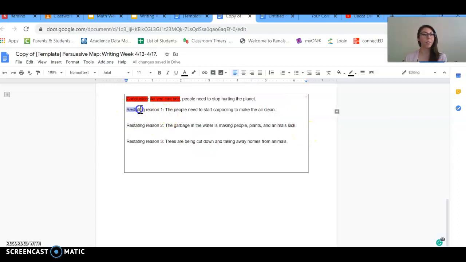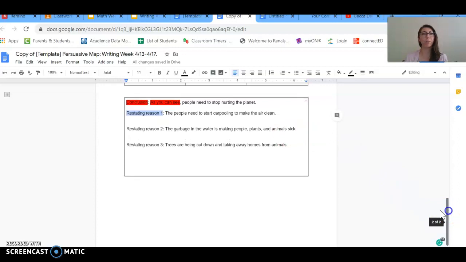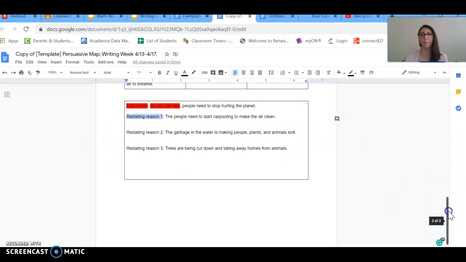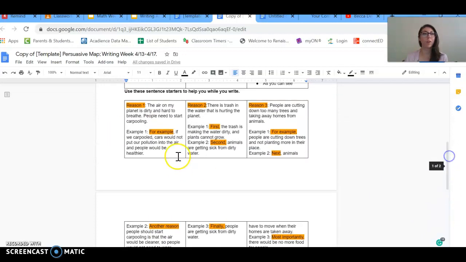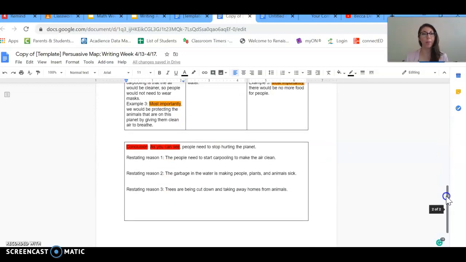When it says restating, what that means is you're going to look back at reason 1. You're going to reread it. The air on my planet is dirty and hard to breathe. People need to start carpooling. Okay, I reread that sentence and I'm going to say in different words what that sentence was telling me.